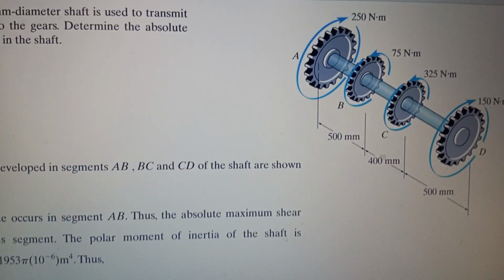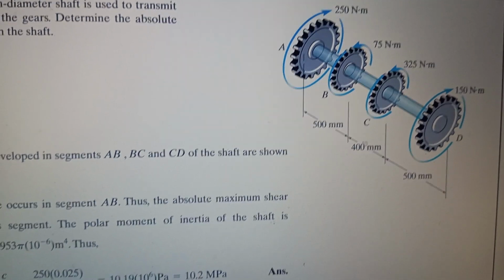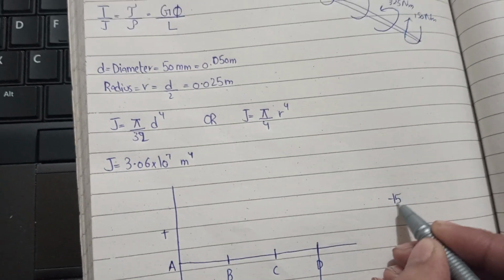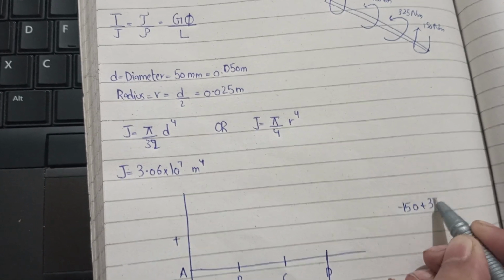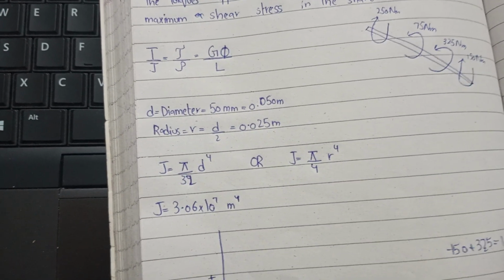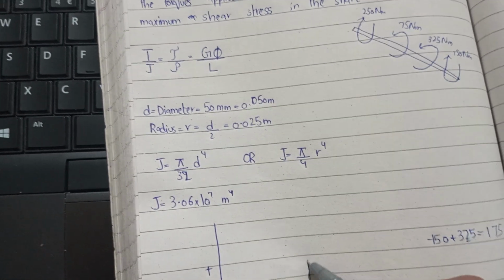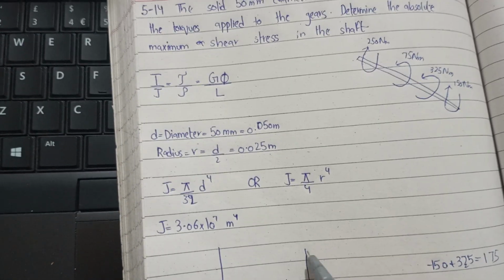Next, it is anti-clockwise, so we take it positive. So minus 150 plus 325 is equal to 175, so we take it on the positive axis.